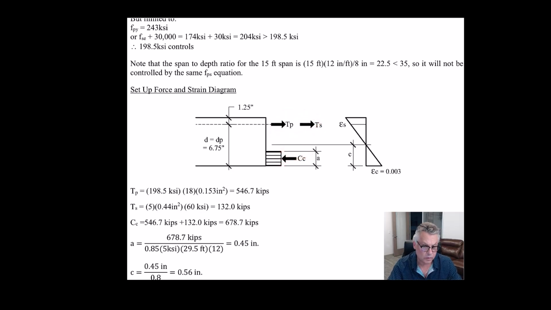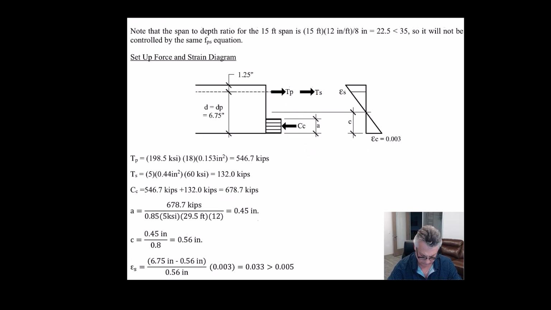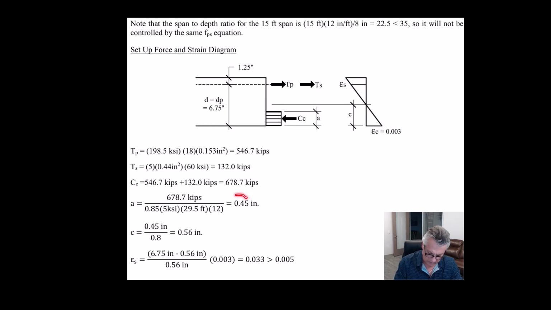Statics also applies, by the way, to two-way slabs. We calculate a C and an a depth, a neutral axis depth, which you'll see we really don't need. And we calculate a strain way greater than 0.005.